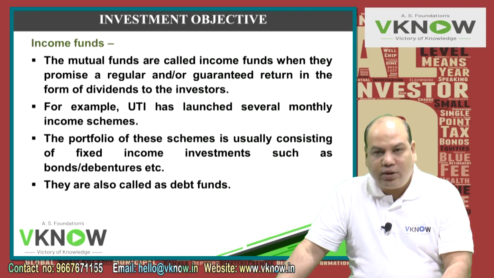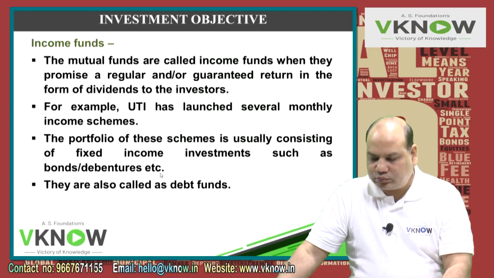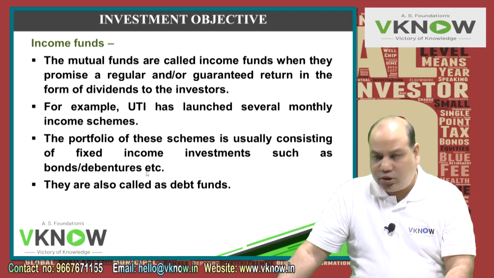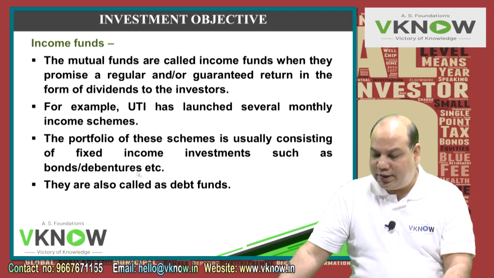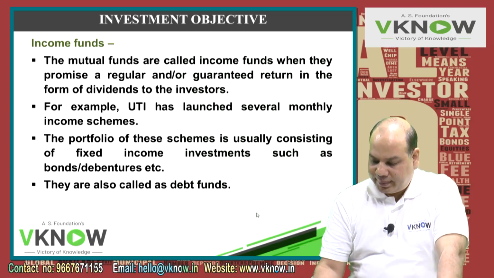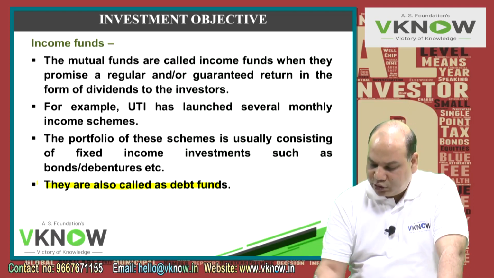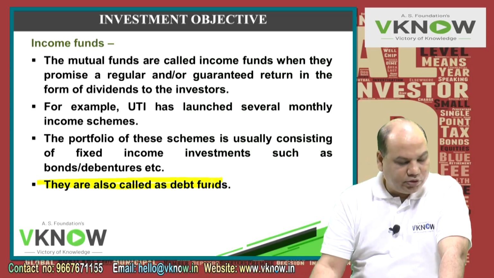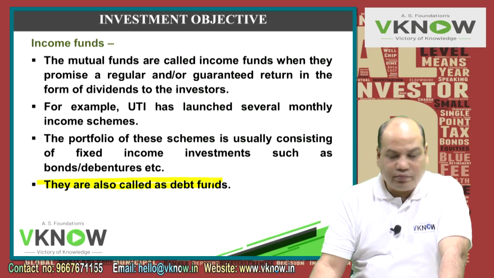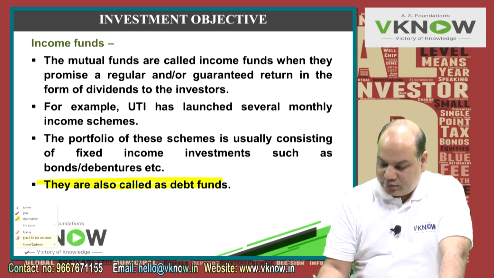Now come to income funds. Income funds are the funds which usually invest in debt securities. So underline this line, it's already printed in your book. So they invest mostly in debt funds. They are less risky.